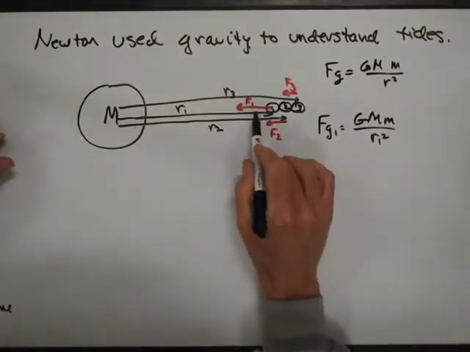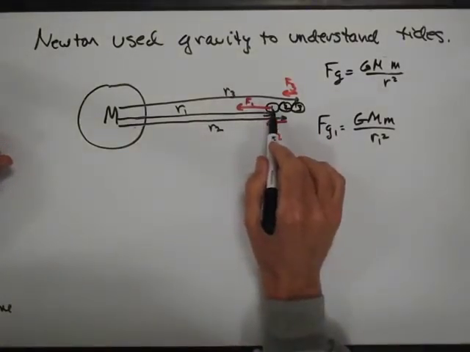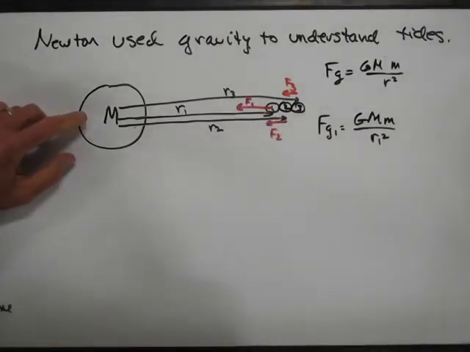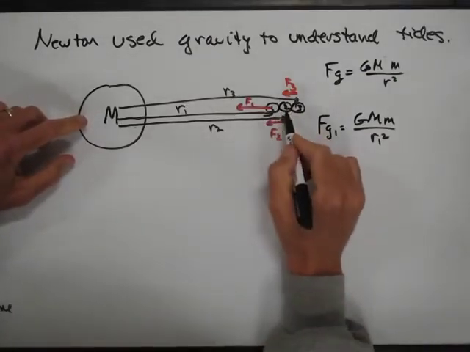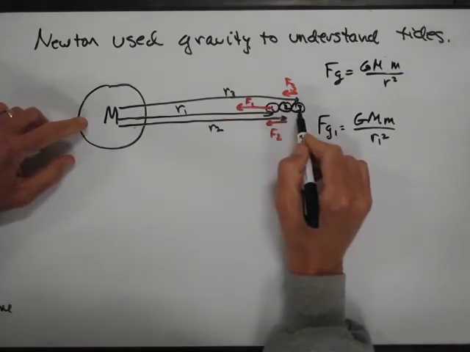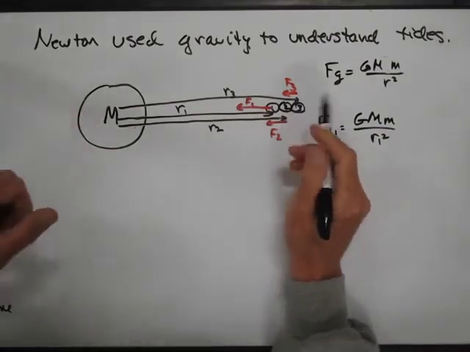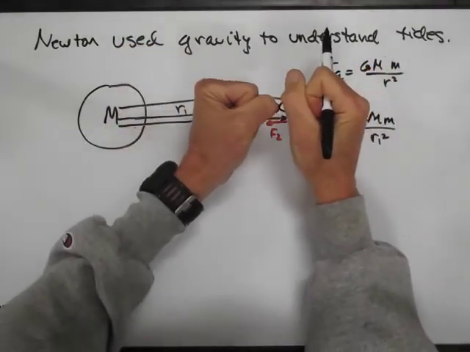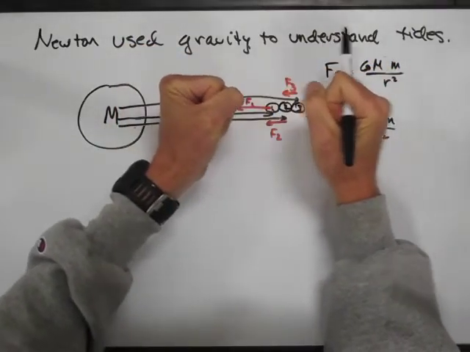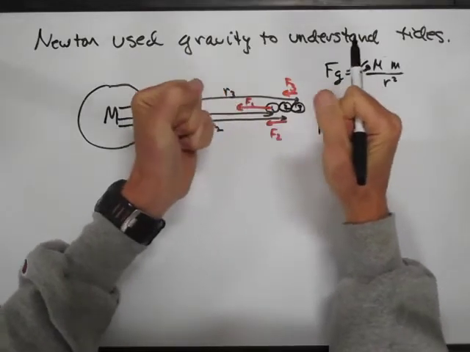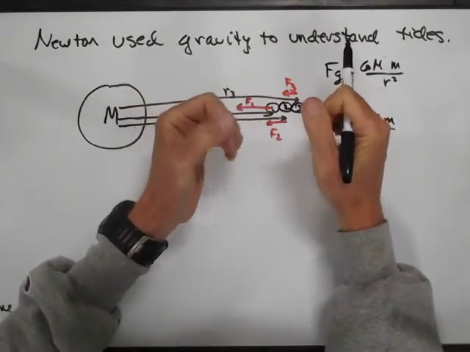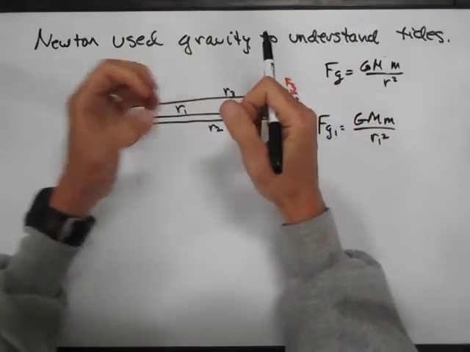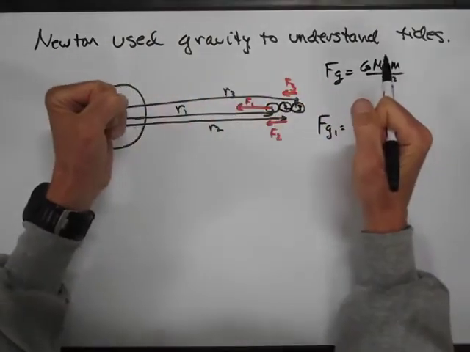So the strongest force is on the object that's closest to the moon or the planet, and the weakest force is on the one that's farthest away. And the effect that has is to pull these things apart. It's called a tidal force, and it pulls on the nearest one stronger than it pulls on the farthest one. It has a lot of interesting implications in astronomy. If a smaller object gets too near a bigger object, the bigger object will rip the smaller object apart.